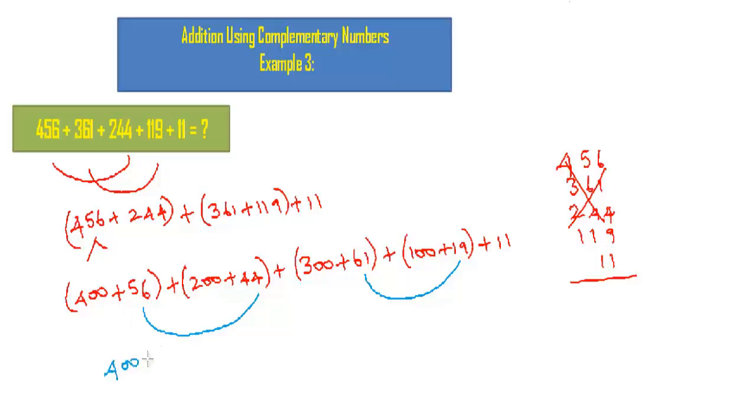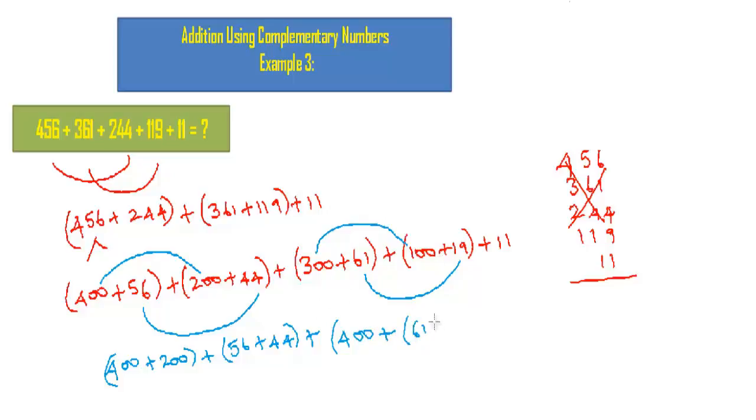So 400 plus 200, you can group it any way you want, plus 56 plus 44 plus 300 and 100, I will directly write it as 400, plus 61 and 19, plus 11.